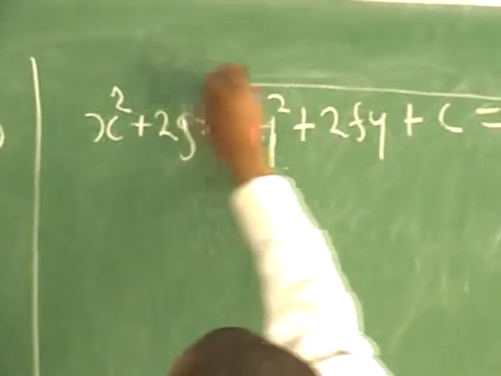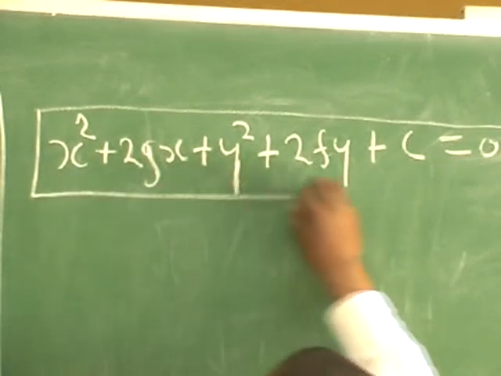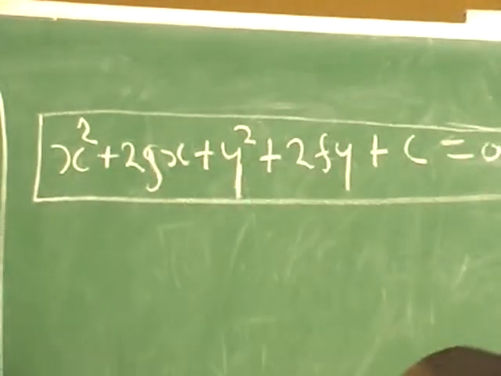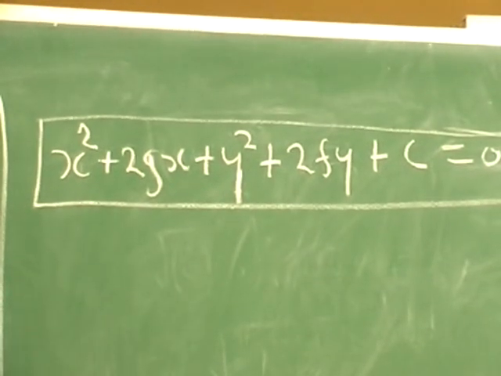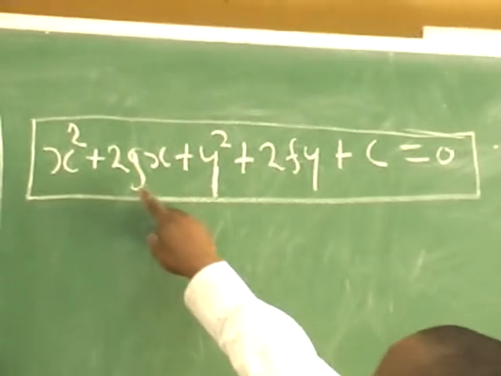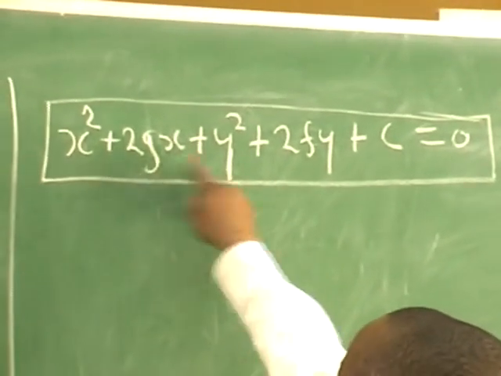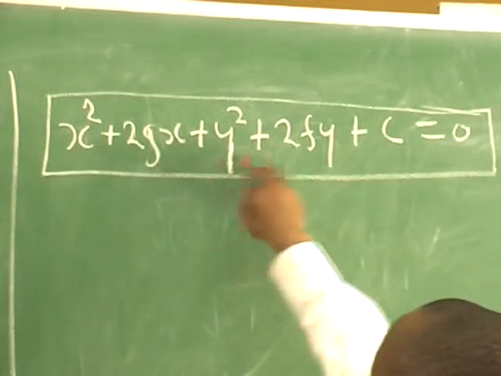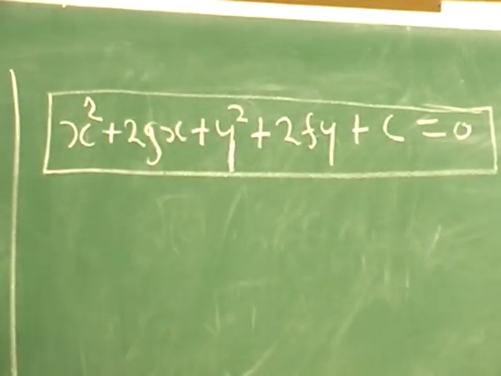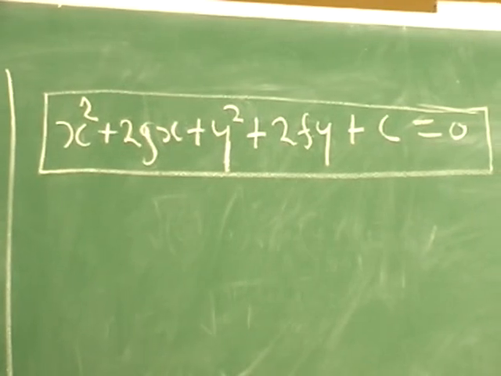This is called the general form of the equation of a circle, where the coordinates of the center are minus g and minus f. So this is the general form of the equation of the circle.